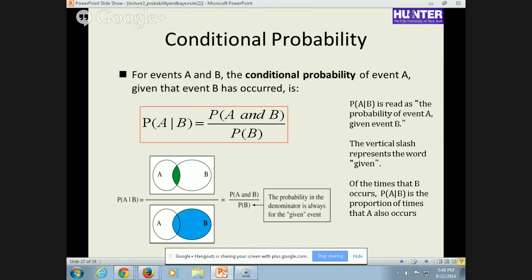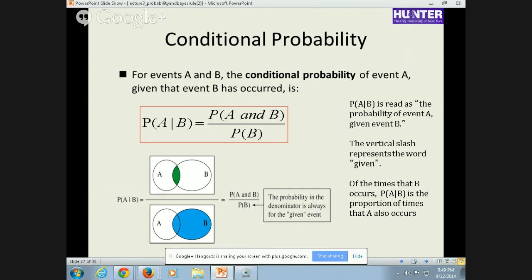It's the probability of both of them happening, the intersection, divided by the probability of B. When you look at it diagrammatically, the intersection looks like this, and the probability of B looks like that.